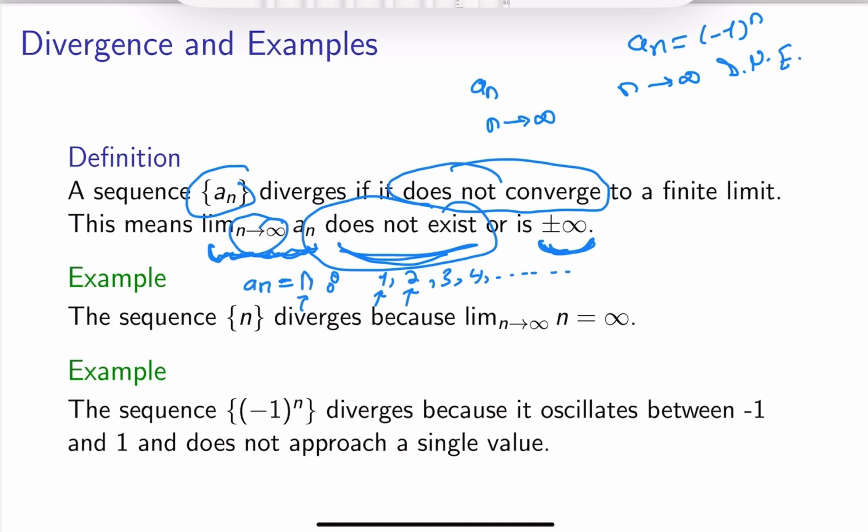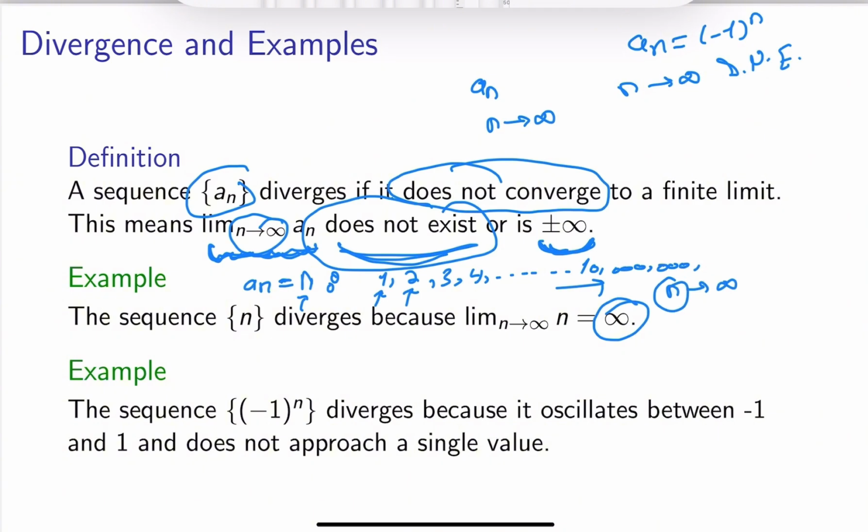If I reach, for example, 1 million, then I'll have 1,000,001, and so on. So I'll be getting bigger and bigger. As n tends to infinity, this sequence is trending to infinity. It's getting huge. As the index increases, the sequence is going to infinity.